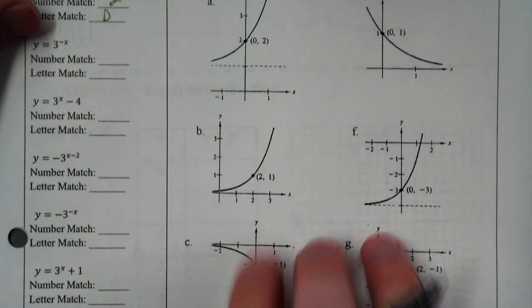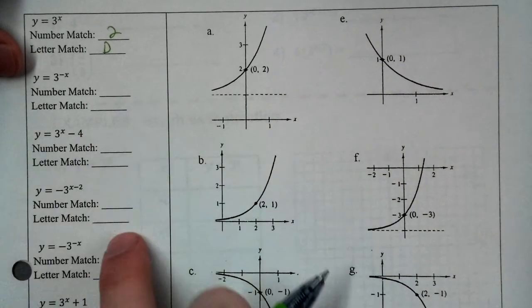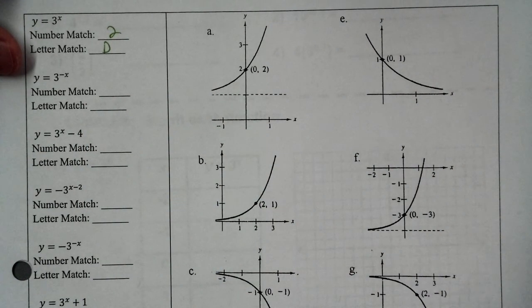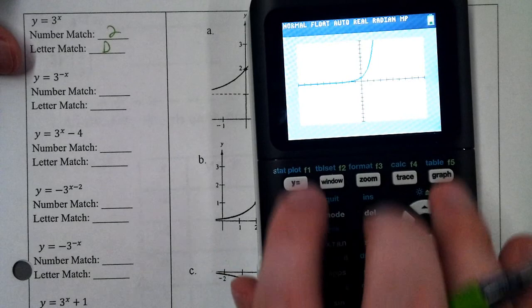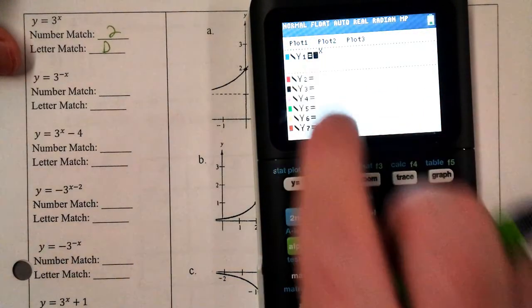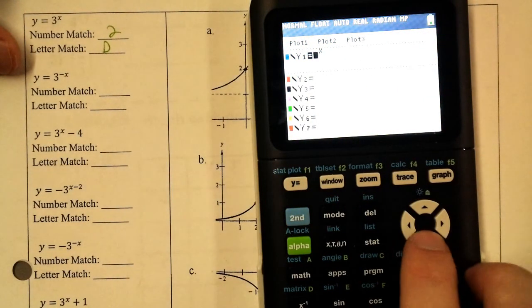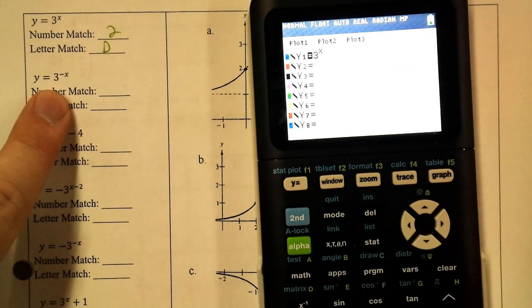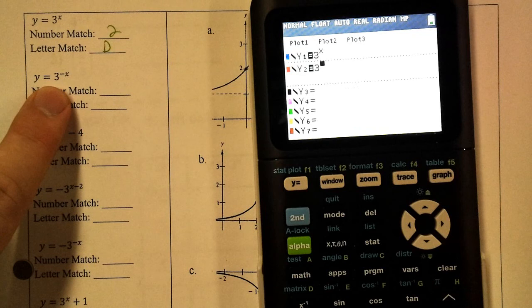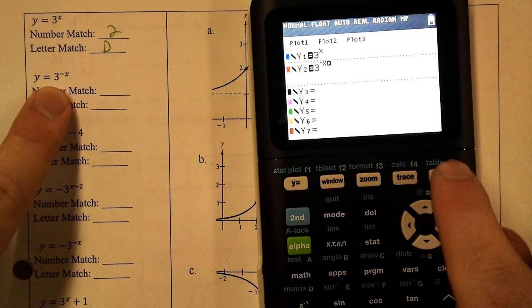Now what we're going to do is slightly change each one and see what happens to our equation. So let's go back into y equals. Let's leave 3^x as the first one so you can see what happens each time. And now let's type in 3 raised to the negative x. Make sure to use the negative symbol, not the minus symbol. Hit graph.